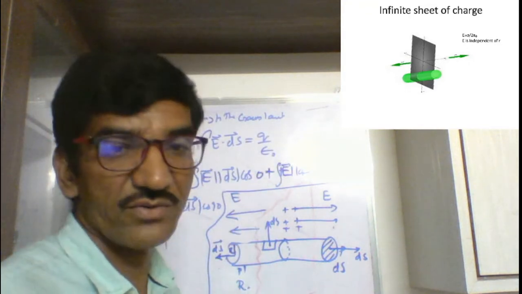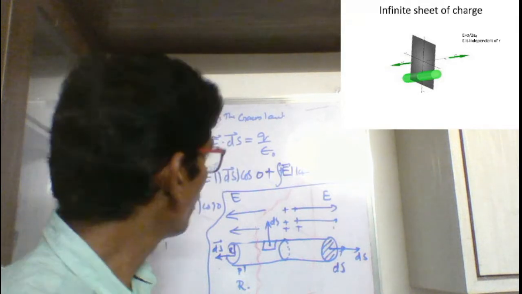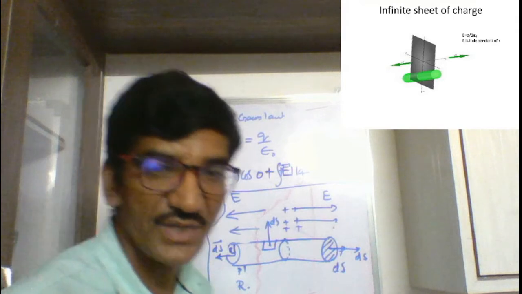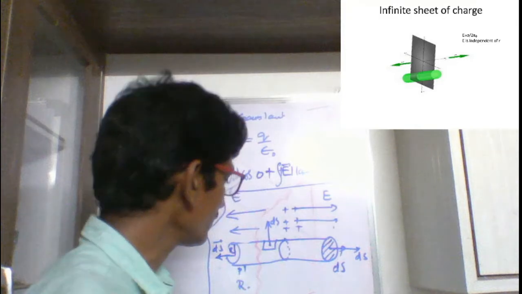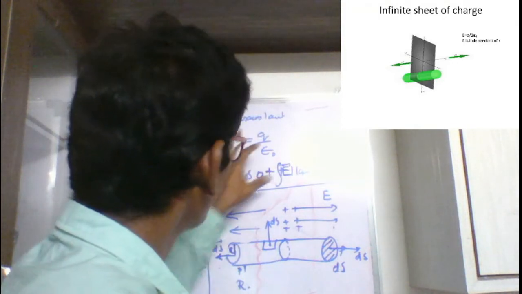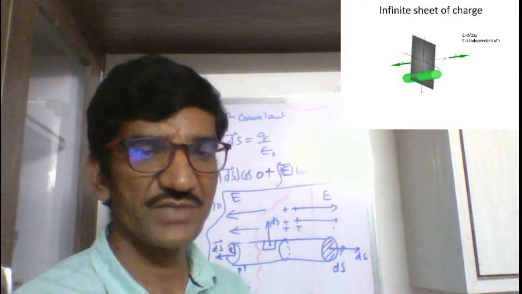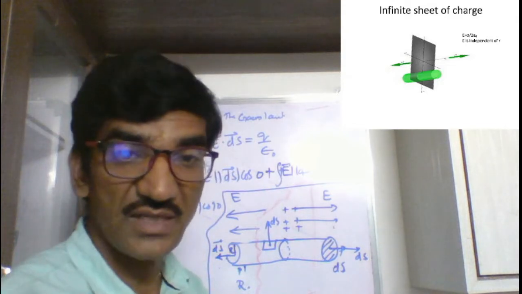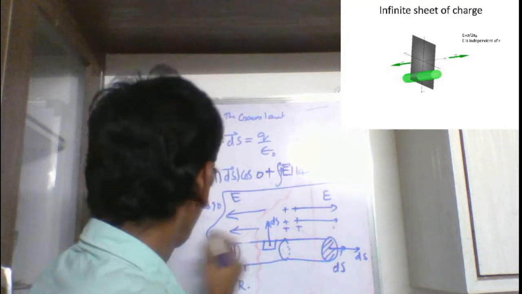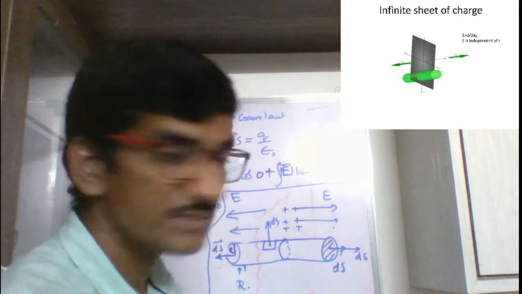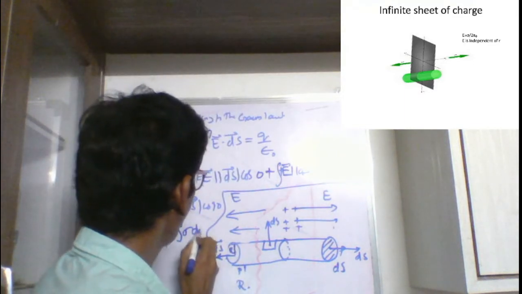On this side, what do you have to write? What is Q? Whenever you express Q in terms of sigma, Q is nothing but integral sigma ds.